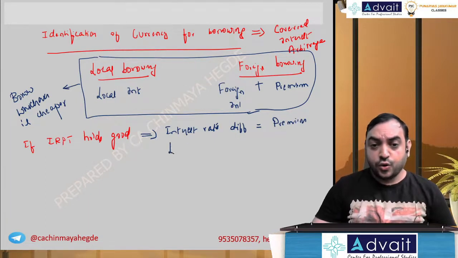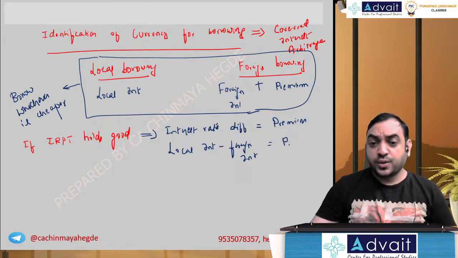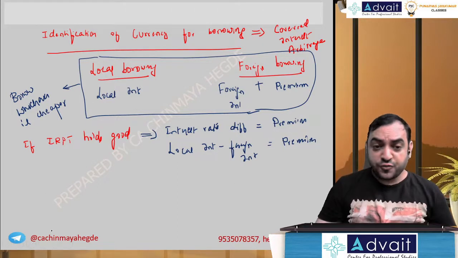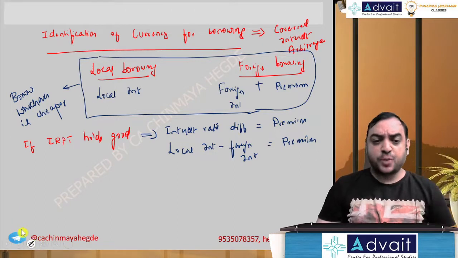That is, local interest minus foreign interest should be equal to the currency premium if IRPT holds good. If not holding good, there exists an arbitrage opportunity.